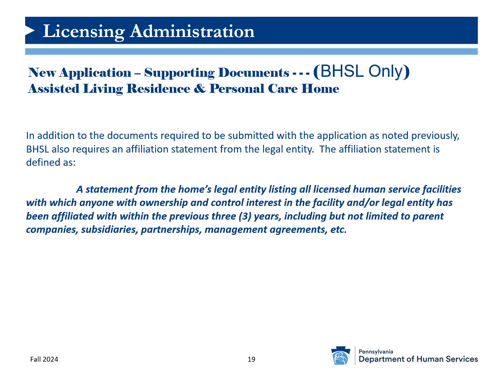They require a statement from the home's legal entity listing all licensed human service facilities with which anyone with ownership and control interest in the facility and/or legal entity has been affiliated within the past 3 years, including but not limited to parent companies, subsidiaries, partnerships, management agreements, etc.